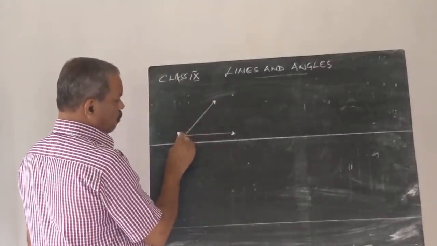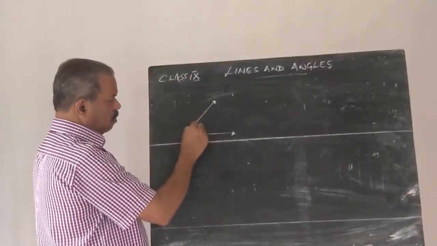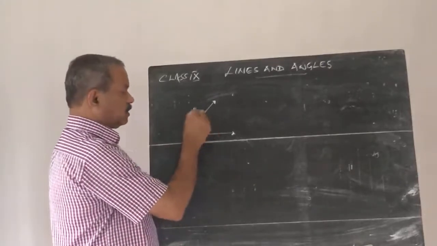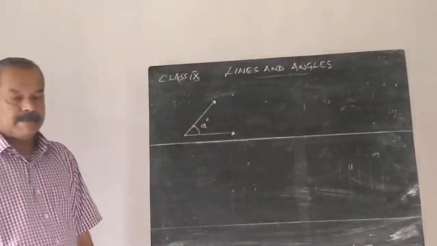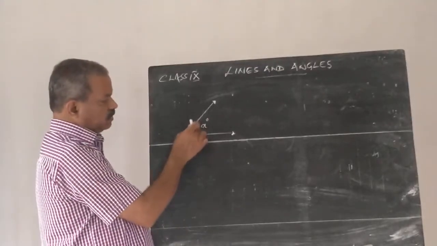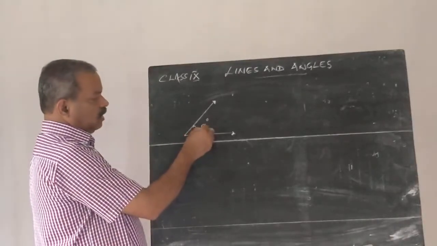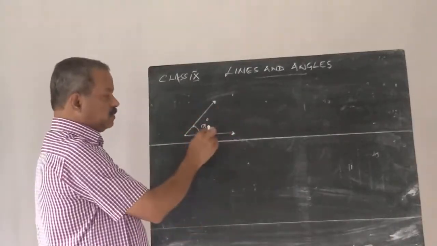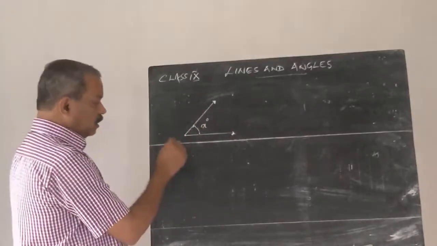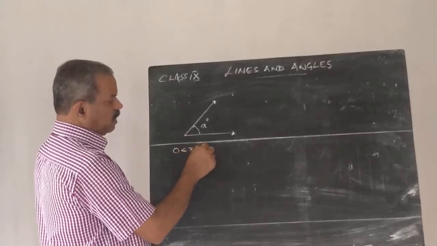Let the measure of this angle be x degrees. Then, by observing this angle, we can understand that this measure is greater than 0 but less than 90. That is, we can write 0 < x < 90.